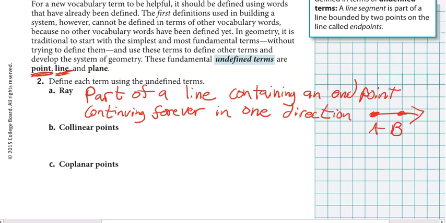So notice the example I drew here at the end is ray AB, starts at point A, continues through B.